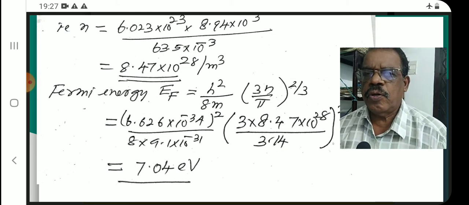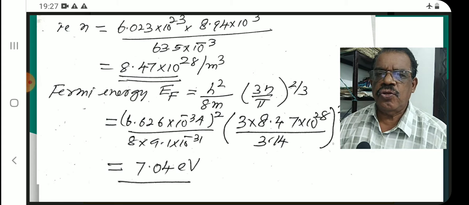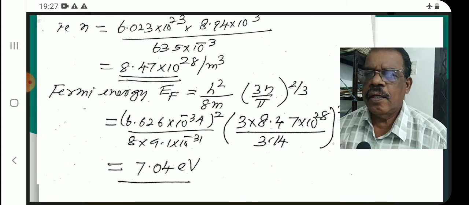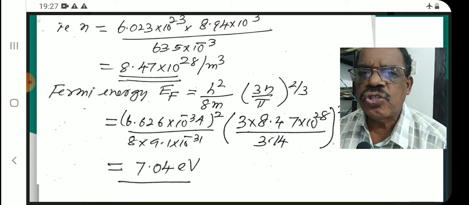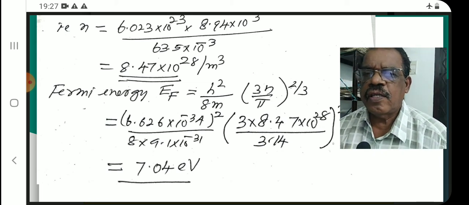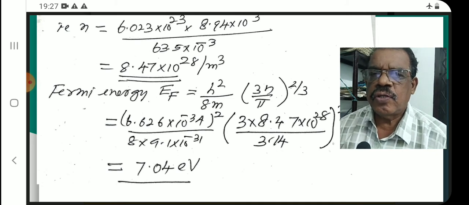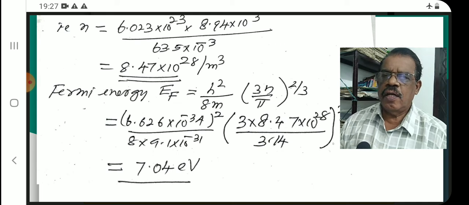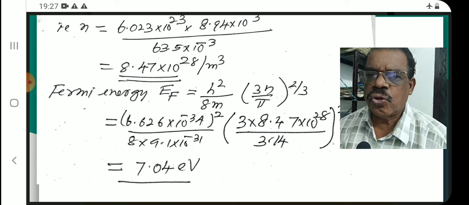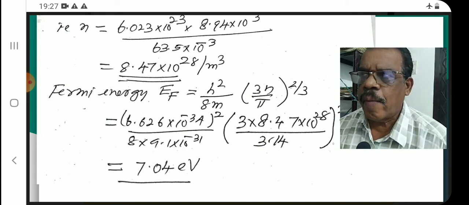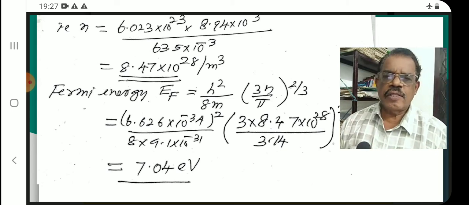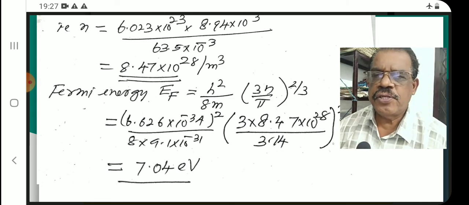So 6.023 into 10 raised to 23 into 8.94 into 10 raised to 3 by the atomic weight, which is molar mass, 63.5 into 10 raised to minus 3. We get 8.47 into 10 raised to 28 per meter cubed. Compared to silver, copper has more electron density. You compare the two problems and see small n. This copper has more electron density.